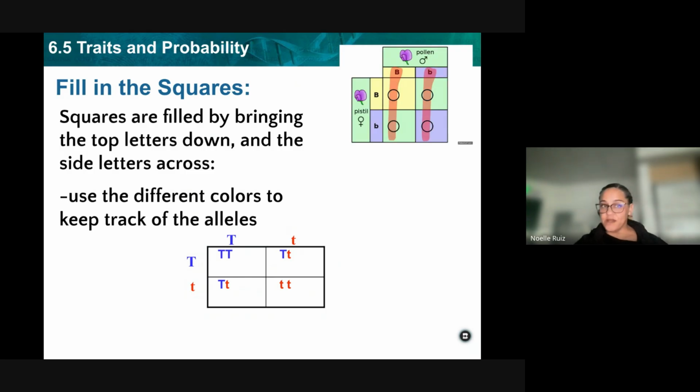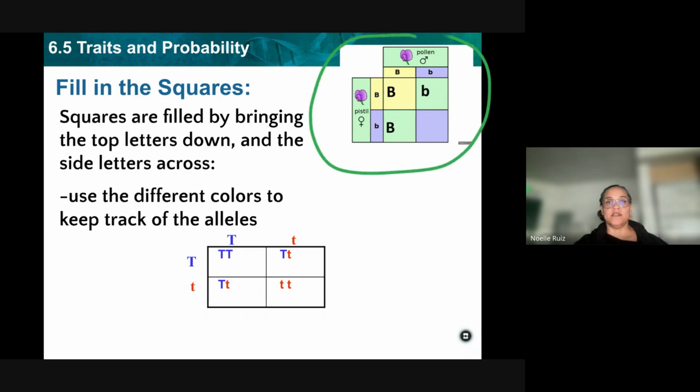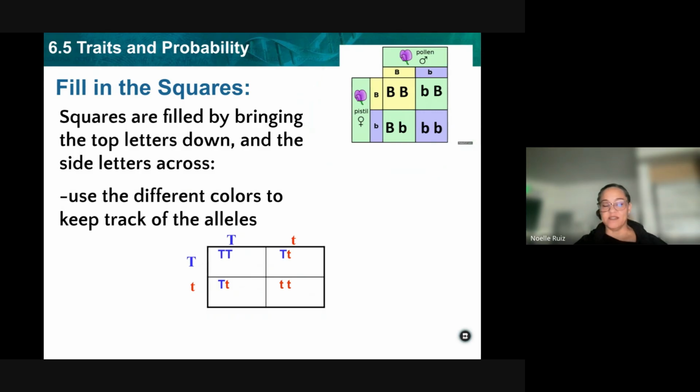And then you fill in the squares. And that's what this GIF up here is about. It's using B's instead of T's, but it's the same idea. Squares are filled in by bringing the top letters down and then the side letters across. And you can use different colors to keep track of the alleles.